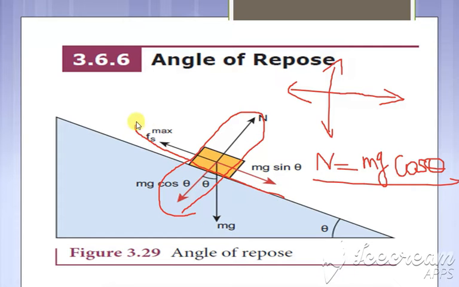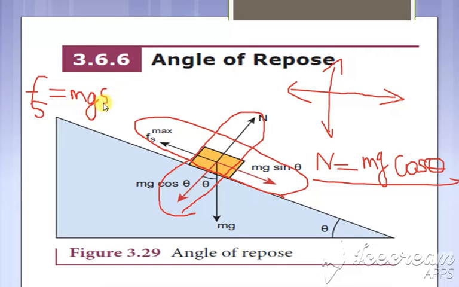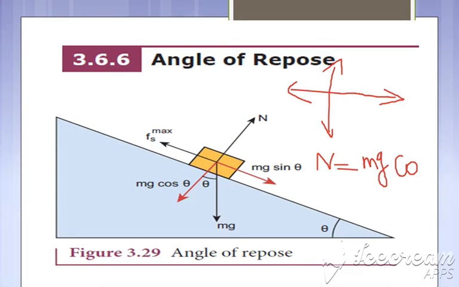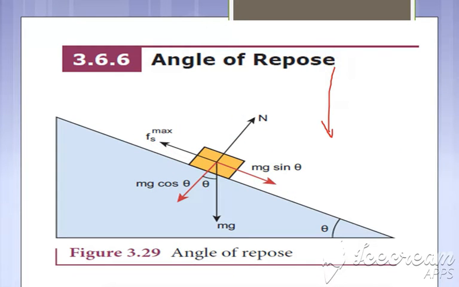Next, fs (the maximum static friction, which we can just write as fs) is equal to mg sin theta. So fs is equal to mg sin theta, and N is equal to mg cos theta. These are the two equations we will consider for finding the angle of repose.